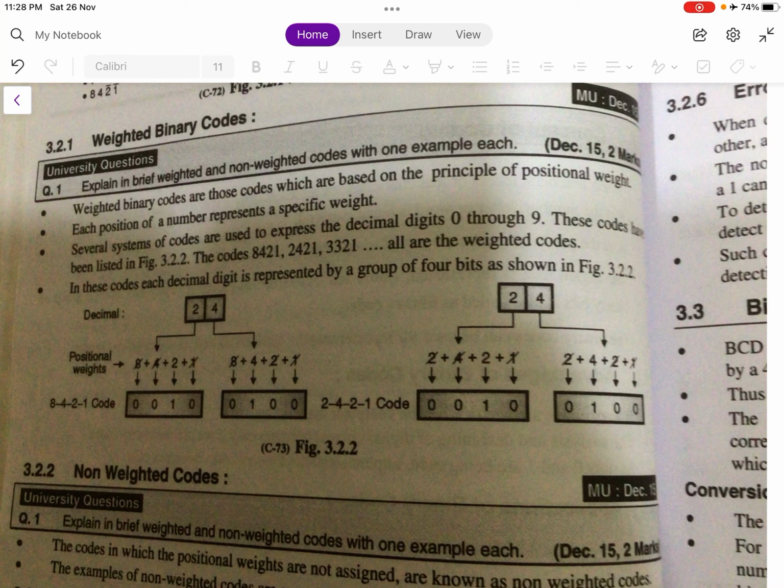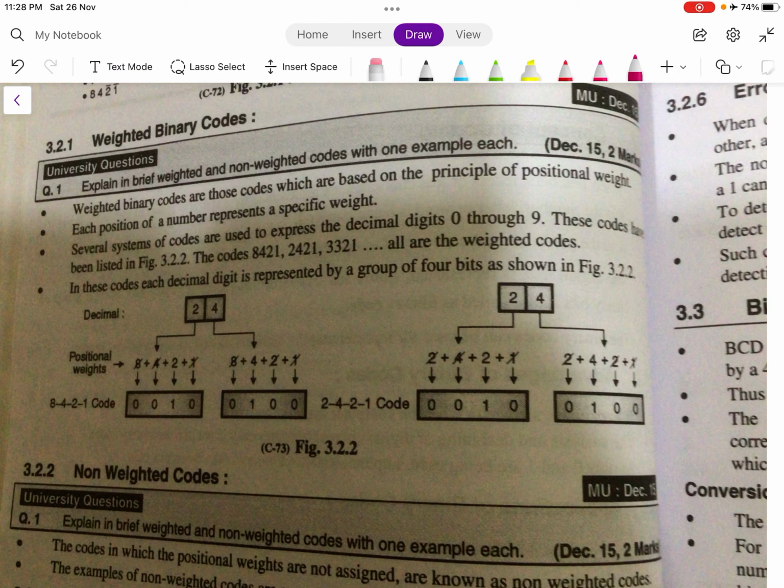Weighted codes are those codes which are based on the principle of positional weight. Each position, each digit, represents a specific weight. Several systems are used to express the decimal digits 0 through 9.